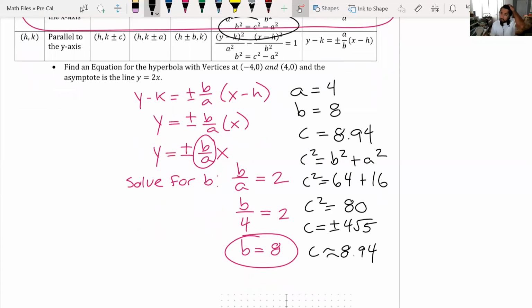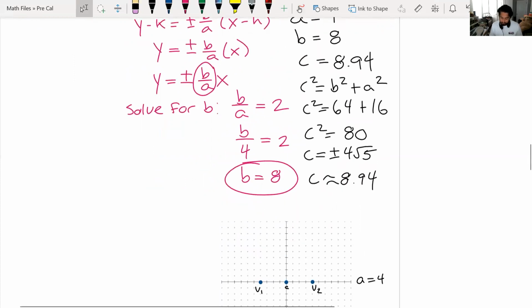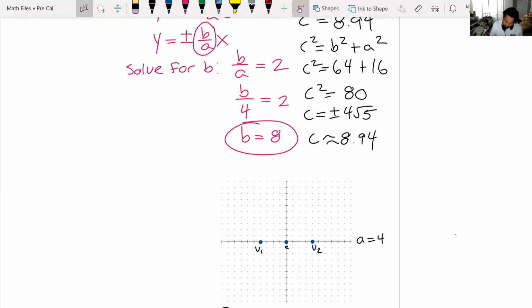Okay, cool. Let's go ahead and find our foci and find our minor points, since we now know the values of a and b. So b is 8. From the center, we go up 8 and down 8, which makes those our minor points 1 and 2.